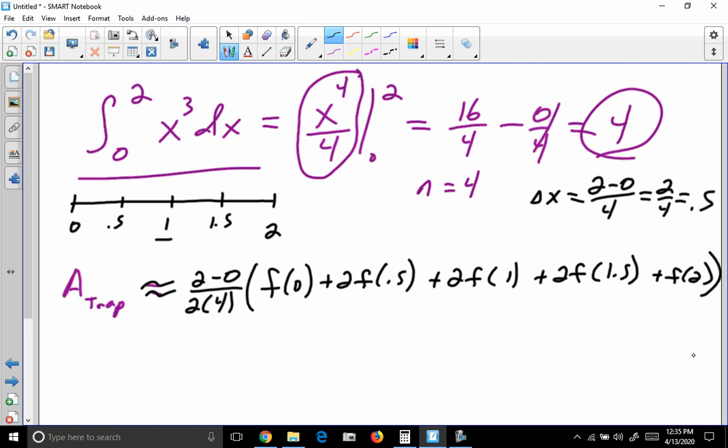And then we just simplify this. So we're going to get a 2 on top. That 2 will cancel with that 2. So that out front simplifies to 1/4. And then we just need to plug each of these numbers in.